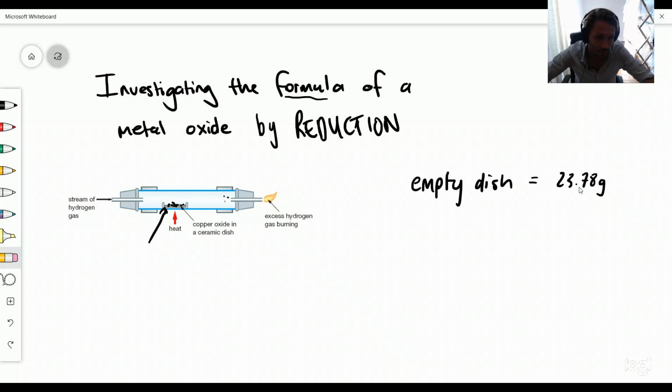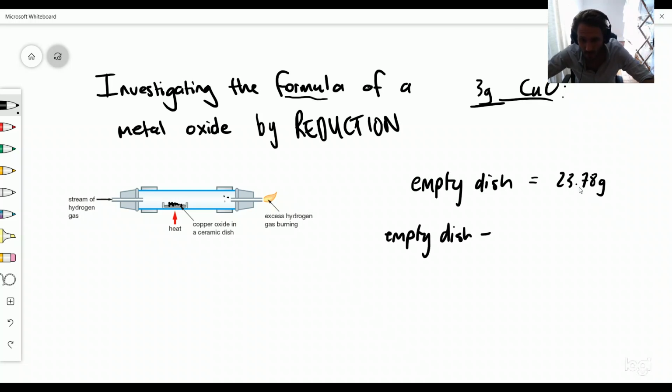Okay, then we put our copper oxide on, like a spatula full. I think we're going to try and use 3 grams in this example. So the empty dish plus the copper oxide is going to give me a value of 26.96 grams. Okay, then we burn it with the heat, and we start to notice condensation, water droplets, and eventually we carry on burning, let it cool down, and then we weigh the dish.